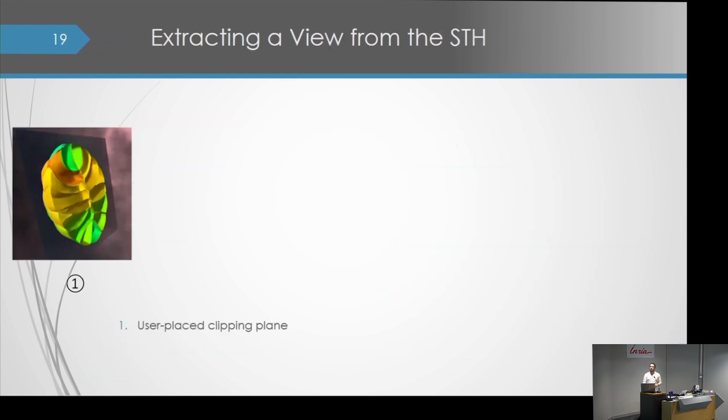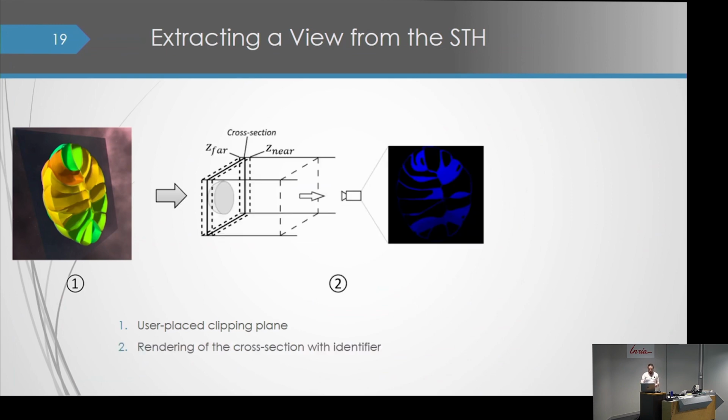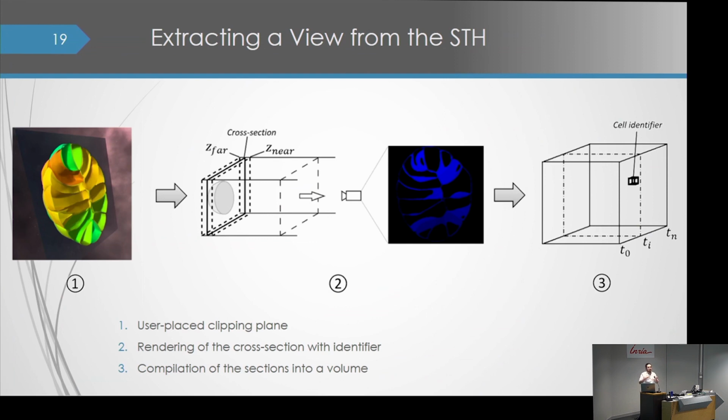The method to extract a view from the space-time hypercube relies first on a user-placed clipping plane. Here the user just cuts into the embryo model, and then we render the cross-section of the embryo with any information that we could require, and finally we stack these captures into a volume, as seen in the third image.